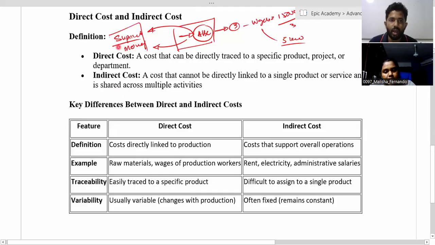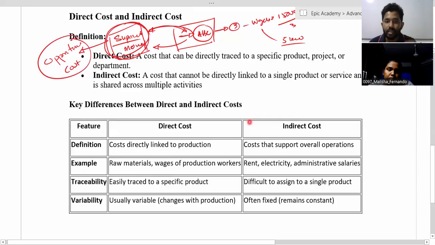Yes. Then you are sacrificing this option to run the bakery, isn't it? Yes, we call it what? Opportunity cost. We already discussed that. So that is what they are indicating as indirect cost, the cost that supports overall operations. Yes, it is opportunity cost.